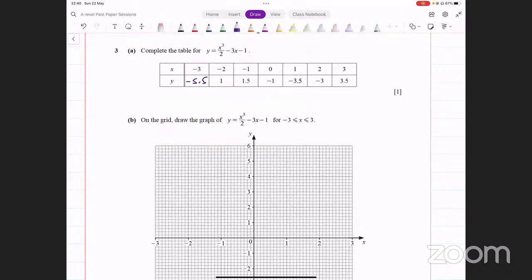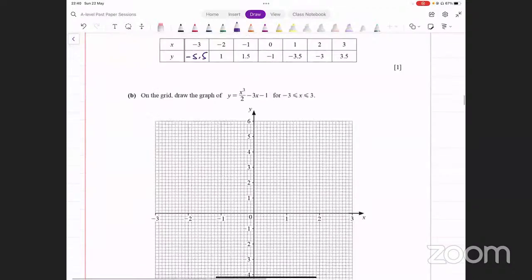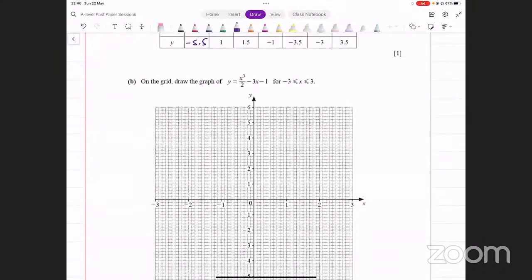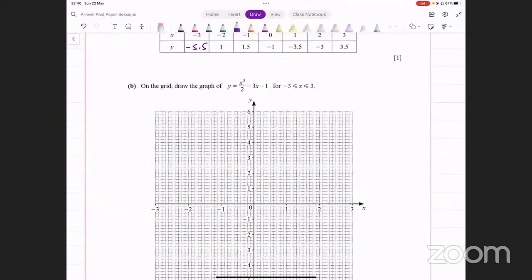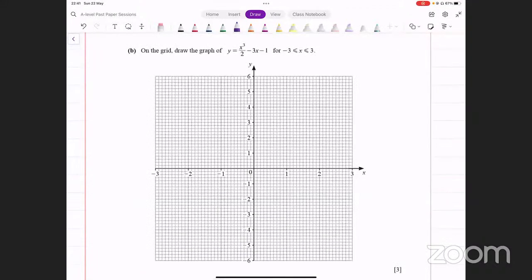Let's do that. -3 and minus 5.5. Let's plot that point. -3 and minus 5.5. That point is going to be somewhere here. ये आपके पास एक point आ गया.